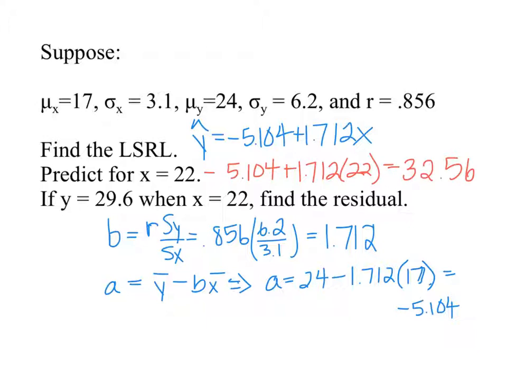And if y is 29.6 when x is 22, find the residual. Remember, to do the residual, we do the actual value minus the predicted value. So we would do 29.6 minus the predicted value we calculated, 32.56.